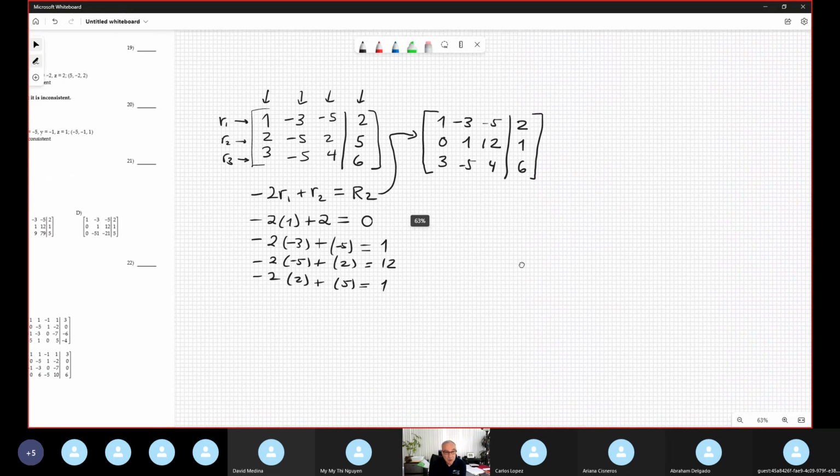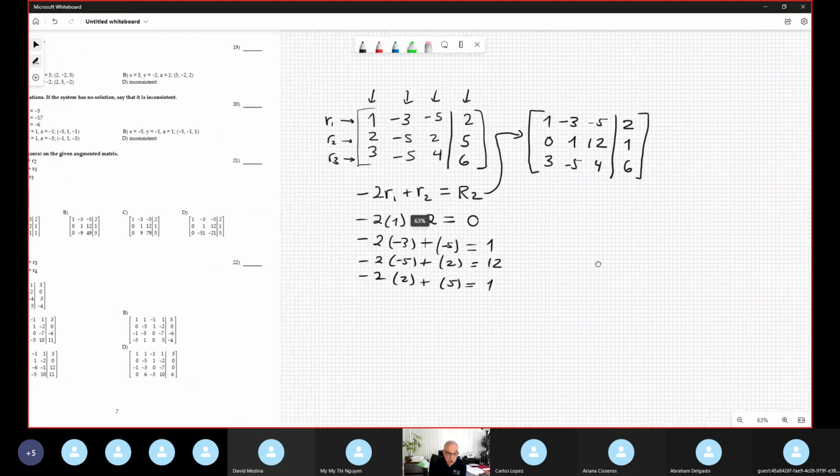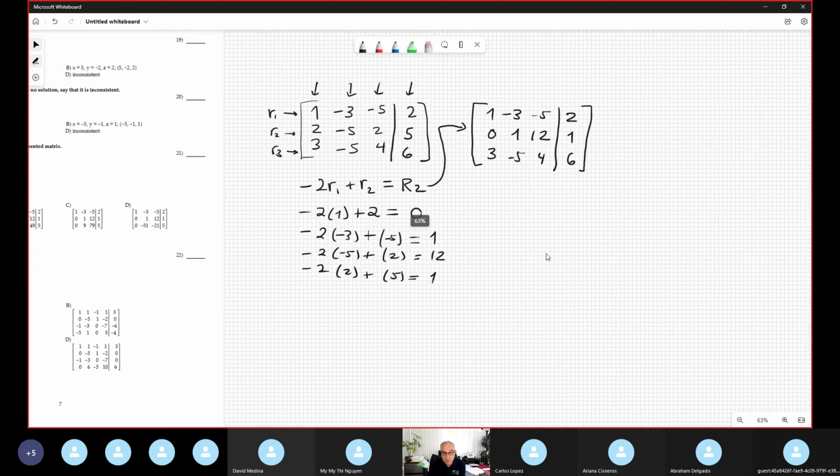Okay, now let's do the next row operation. The next row operation is -3 times row 1 plus row 3 equals capital R3. So the notation is, let me try to explain: little r indicates the old row, and the capital R is the new row that you compute, okay? And you're working sequentially.